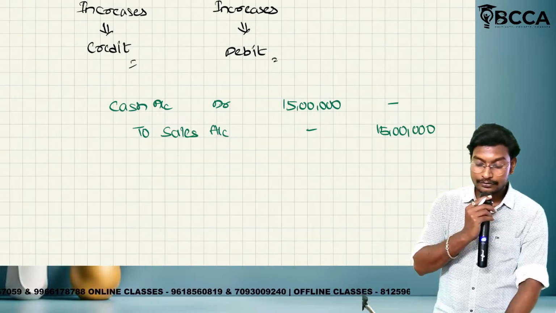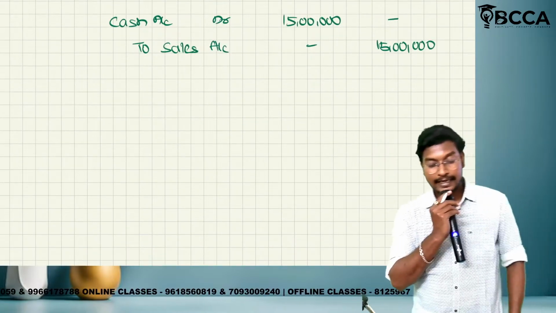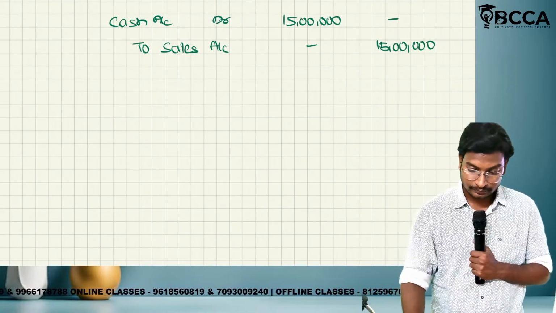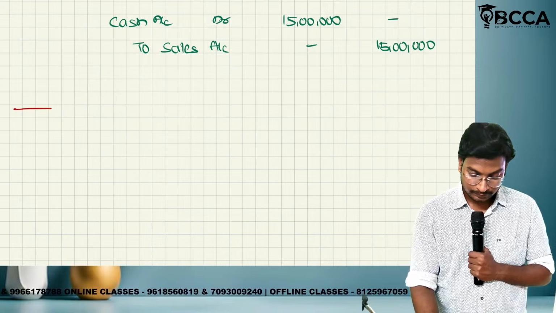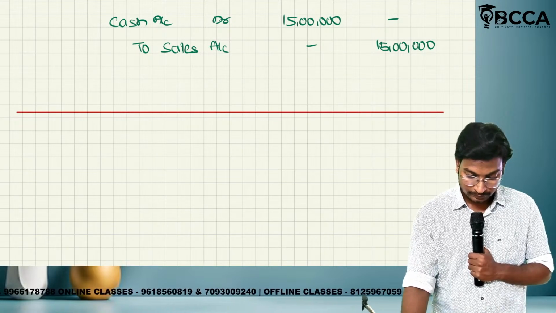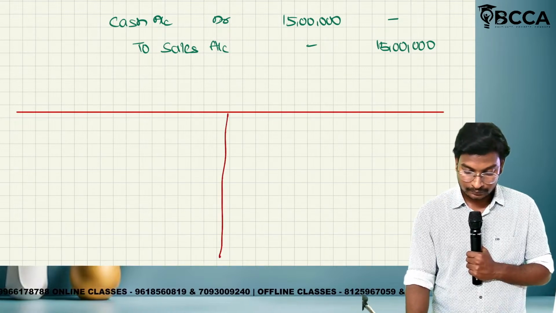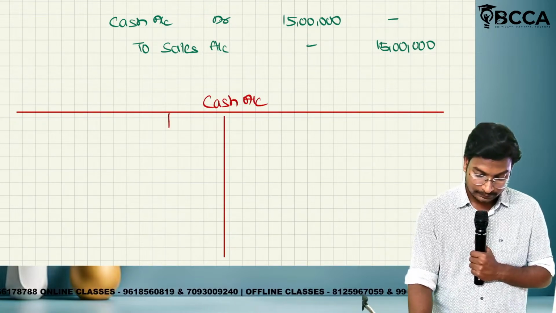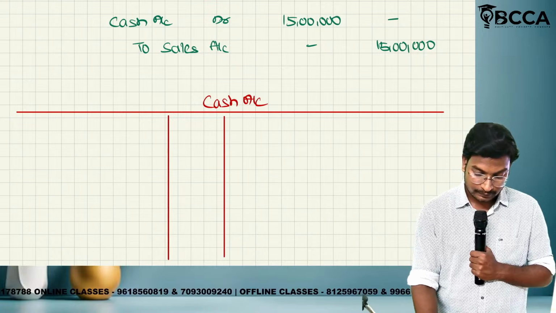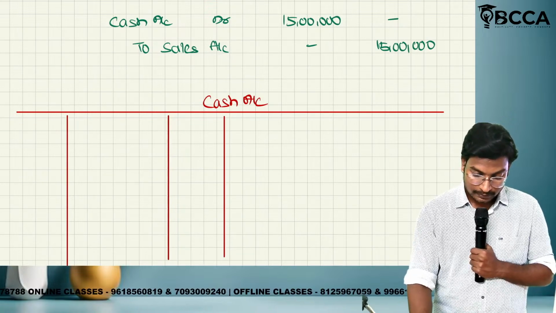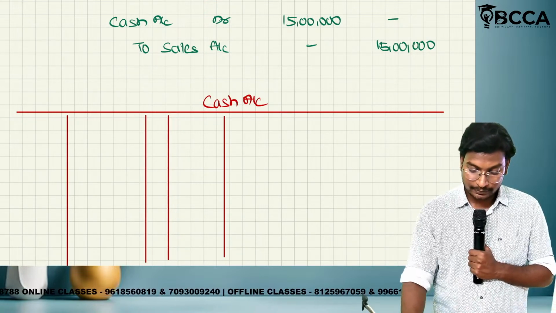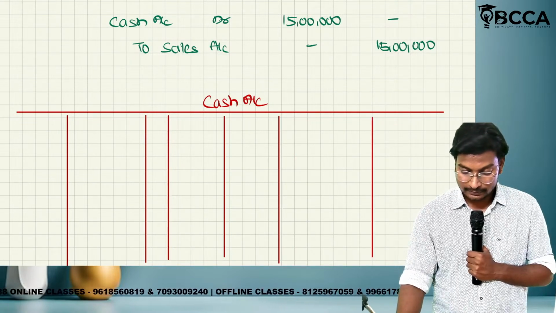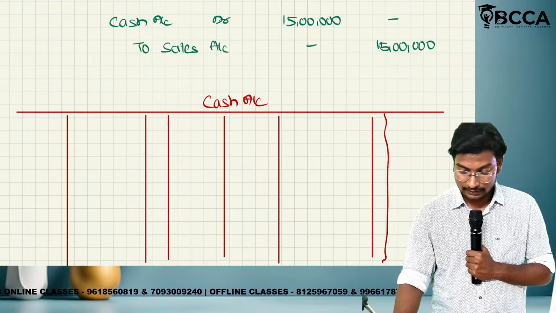Now, what are the accounts we need to open? We need to open the cash account and sales account. So, in the cash account, date, particulars, JF, amount, date, particulars, JF, amount.